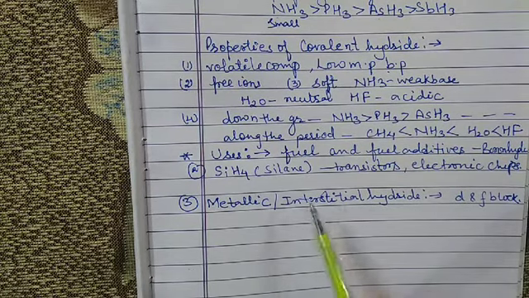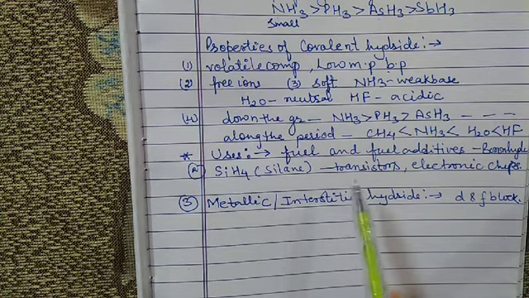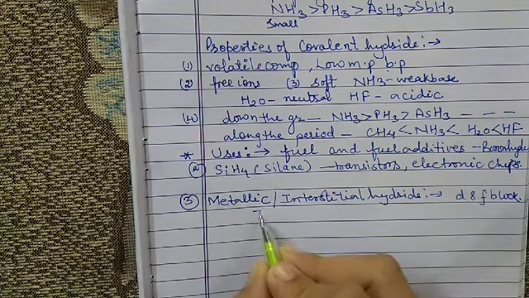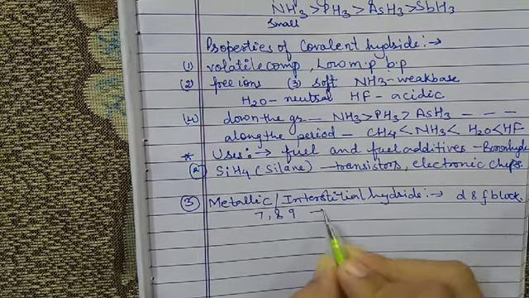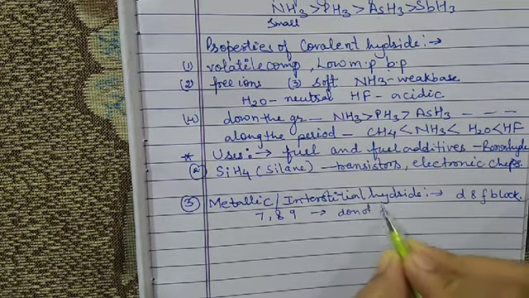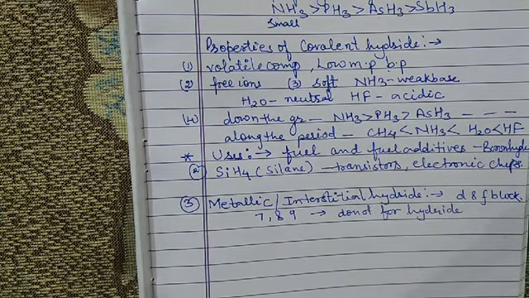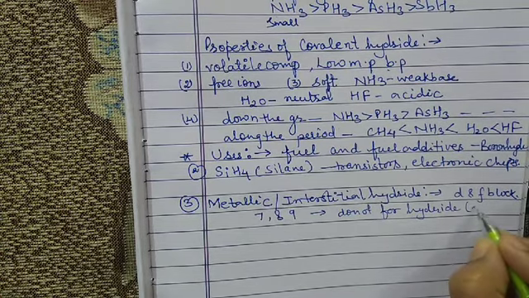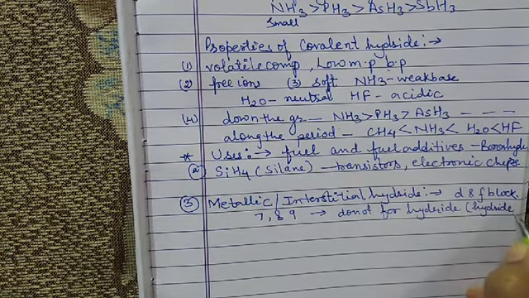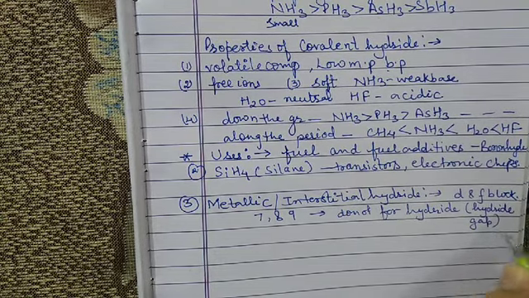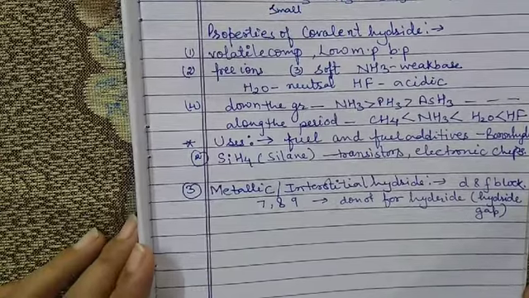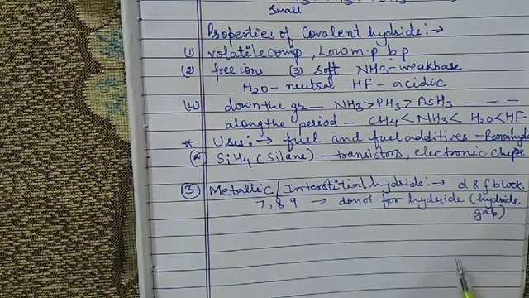The elements of group 7, 8, 9 do not form hydrides, and that's why this region of the periodic table is called the hydride gap.